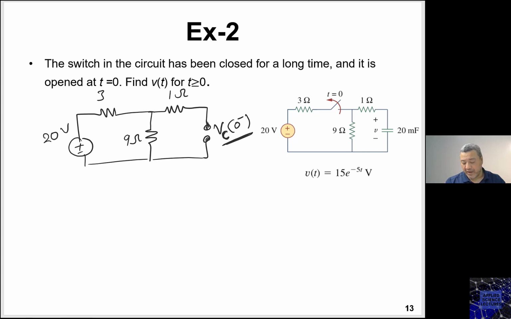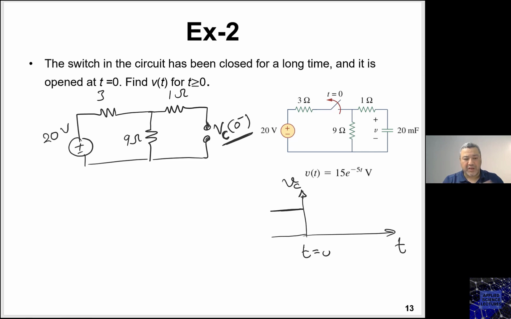So if I look here at the switching, if this is the time 0, the time of the switching, and this is the voltage across the capacitor, it would have a voltage that is acting like this because it's steady state.